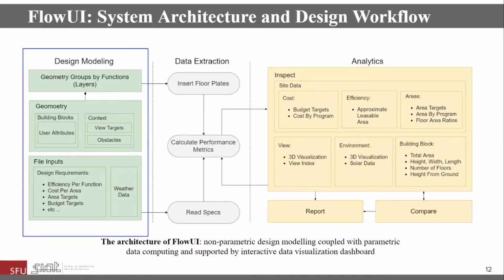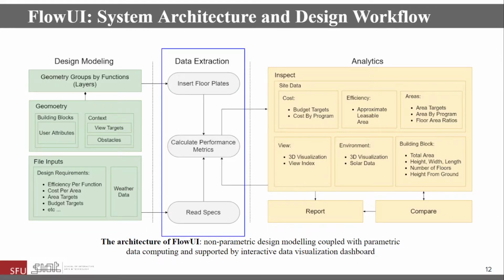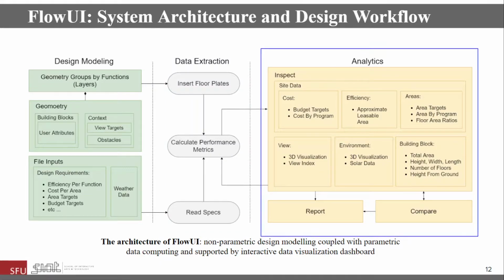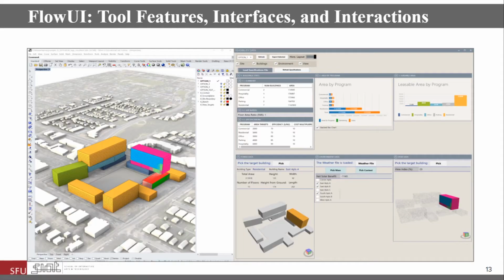The modeling setup directly links geometries to the data extraction module, which recognizes the functions and program requirements associated with the geometries. On the interfaces in the Design Analytics module, designers can select the relevant data for the task at hand to be computed and visually displayed. These visualizations assist designers to investigate each alternative as it is changing in the design modeling environment.